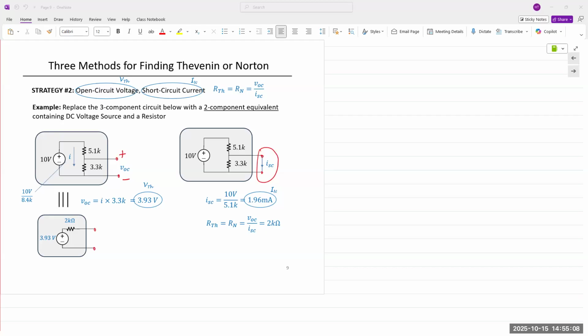Does that make sense? Any questions? Again, this is one of the most important concepts of circuit analysis.